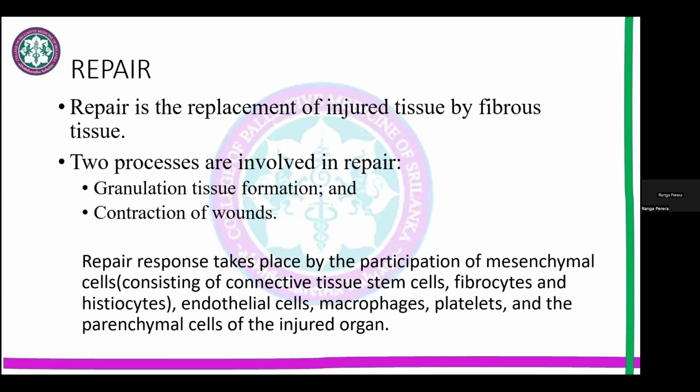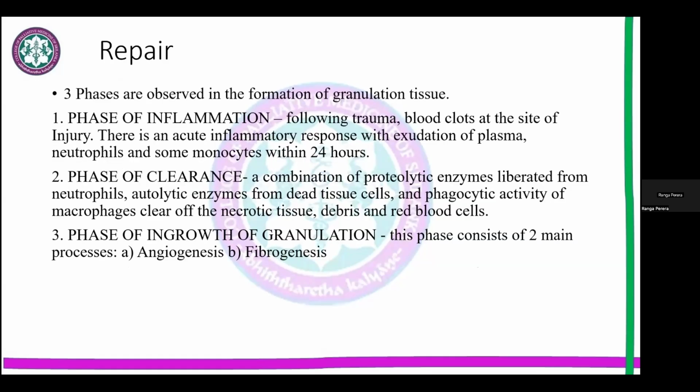Now here, the healing is done by the process of these mesenchymal cells. So connective tissue cells, fibrocytes, histiocytes, endothelial cells, macrophages, platelets, they come and connect these two edges of the injured organ, and they will start repair. So there are 3 phases of repair.